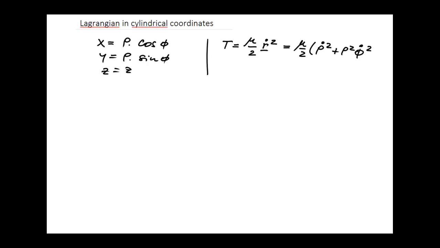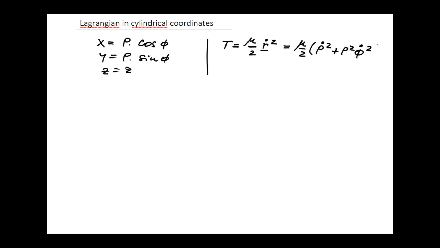And in principle, you also have a z dot squared. But since we chose the orientation of our coordinates in such a way that the motion is always constrained to the plane corresponding to z equal to 0, then z is always 0, z dot is always 0, and therefore we don't have to carry the z dot squared because the problem is effectively two-dimensional and the z coordinate doesn't play a role.